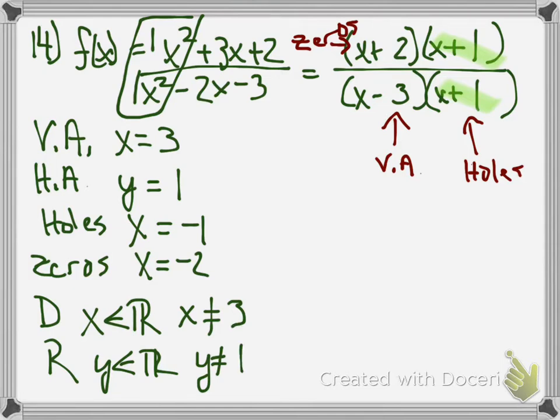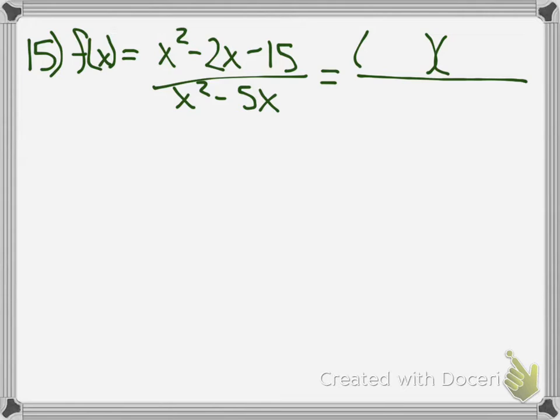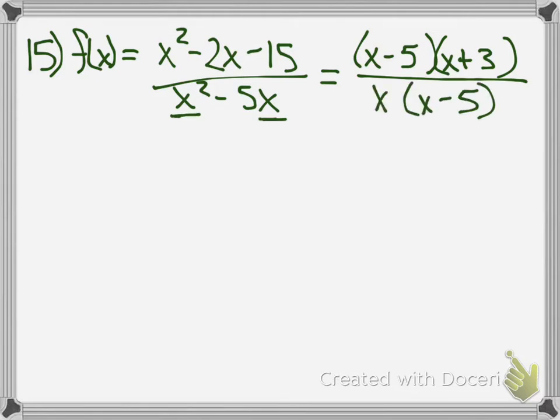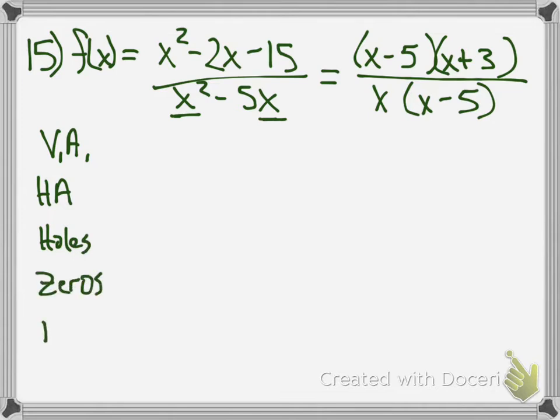On 15, I'll just go ahead and put it here. Minus minus is a minus plus. I'm looking for two numbers that multiply to give 15 and subtract to give 2, which would be 5 and 3. On the bottom, I've got a greatest common factor, so I can take out an x, and I would be left with an x minus 5. So the x minus 5s cross out. That would be my hole, at x equals 5.